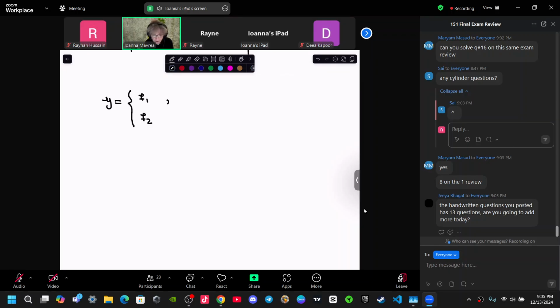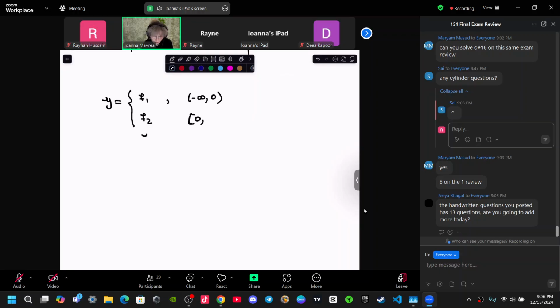And you have one interval here, let's say goes from A to B. Okay, let's say it goes from negative infinity to something. And this goes, let's say, from 0 to something else.